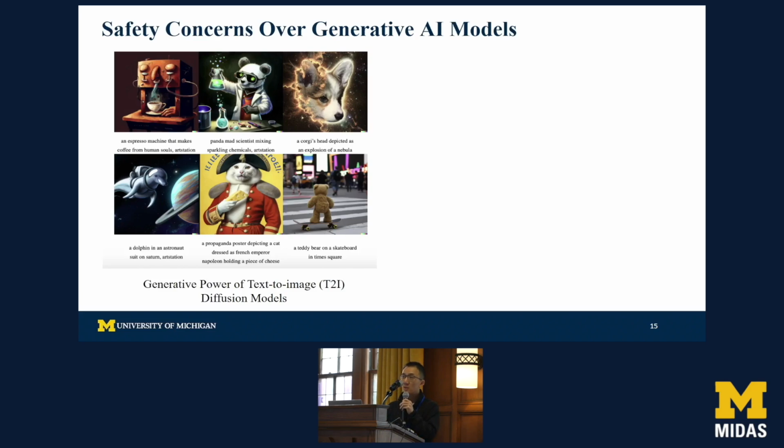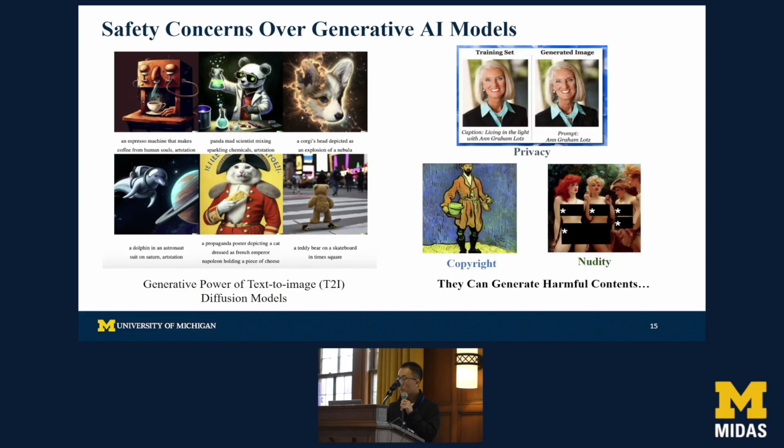However, using these kinds of generative AI models could raise some safety concerns. For example, say you have a training data set with an image of a woman and her name. When you train and deploy the model, a user, given the name of the woman, can generate images pretty close to the data in the training data set.